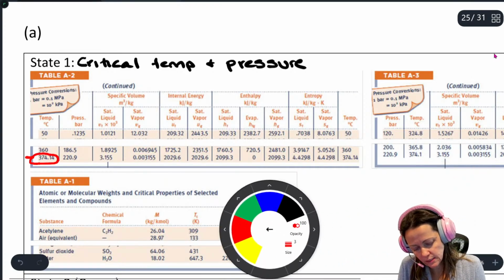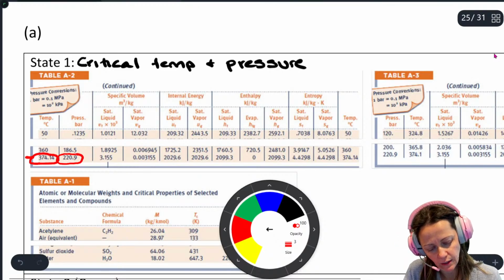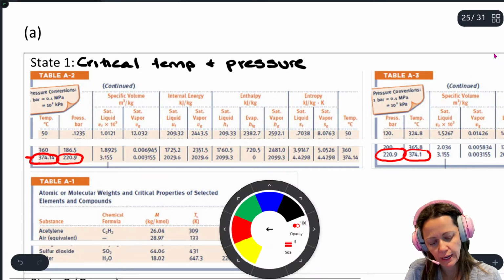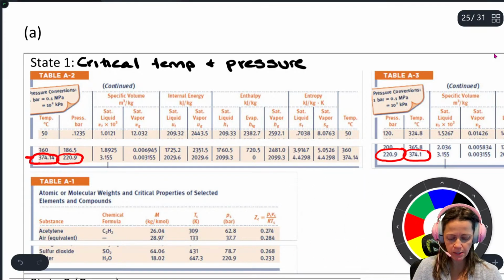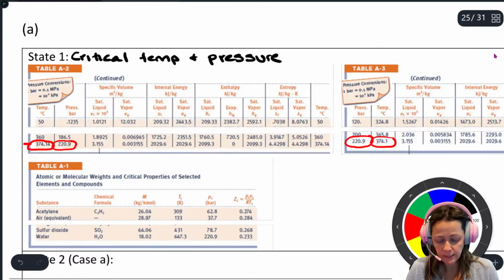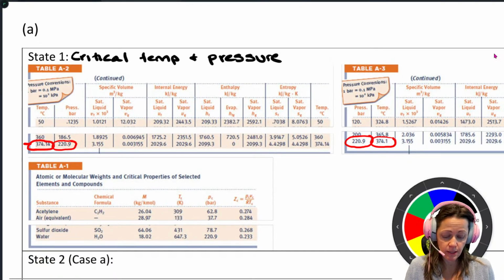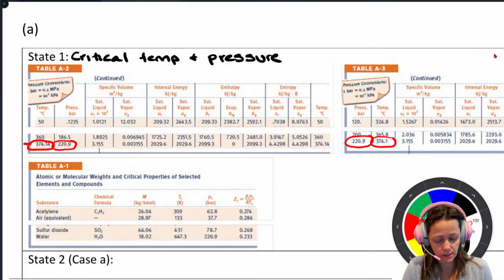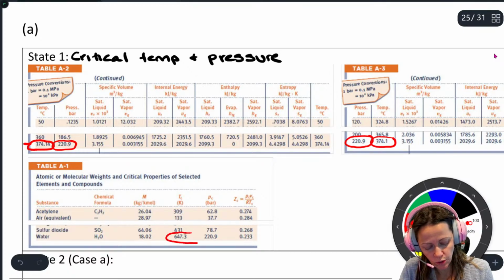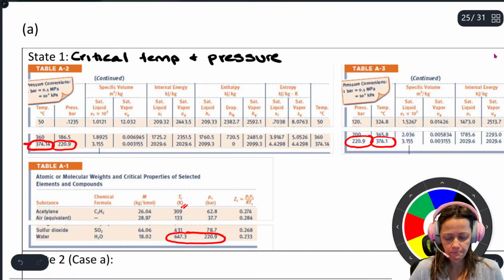And you can see you've also got the critical pressure right there. That's the same thing over here. So it's that very last data point, but there's another place you can get it. It's in table A1, although it's in Kelvin as opposed to degrees Celsius. But I just want to show you there are two places to get that information.